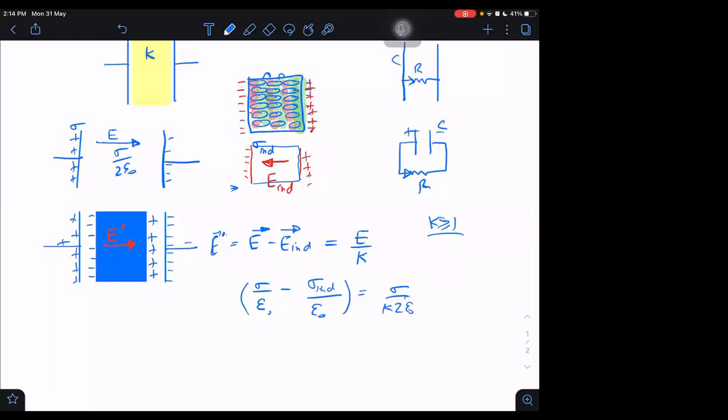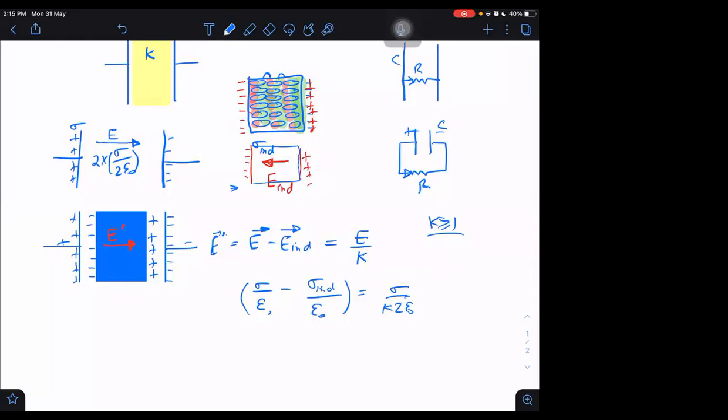There are two plates here, a positively charged plate and a negatively charged plate. Both send field in the same direction. It is my mistake. I should have written 2 into sigma by 2 epsilon naught, because one has a contribution of sigma by 2 epsilon naught, the other has a contribution of sigma by 2 epsilon naught. So the total becomes 2 times sigma by 2 epsilon naught, right?